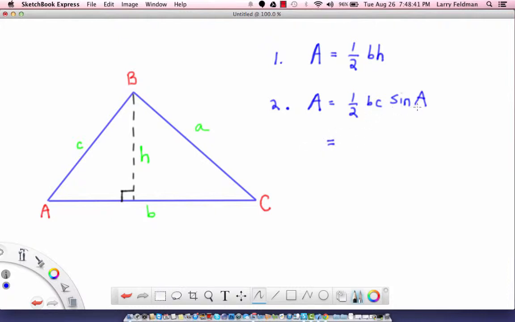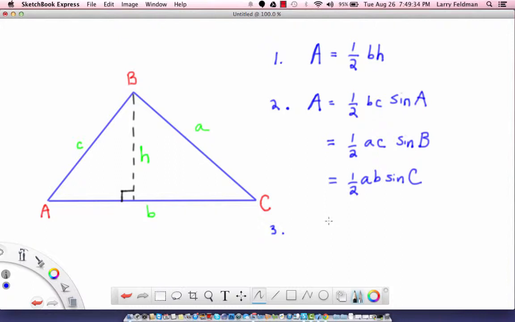In this case we used angle capital A. We can also say it's 1/2 AC, side b, times the sine of angle B, so the angle in between A and C. And the third form is 1/2 AB sine capital C. I'm not going to prove these, although they're pretty straightforward proofs.